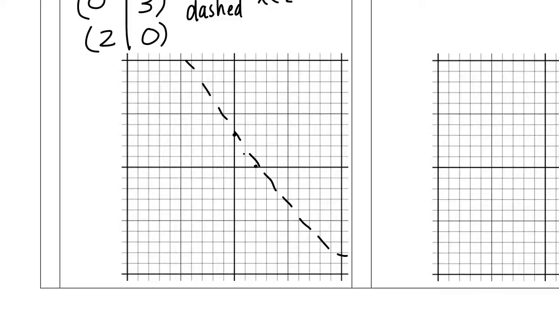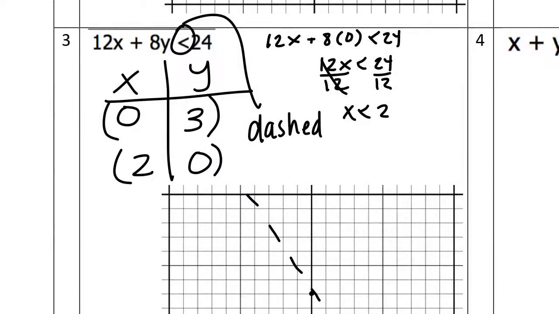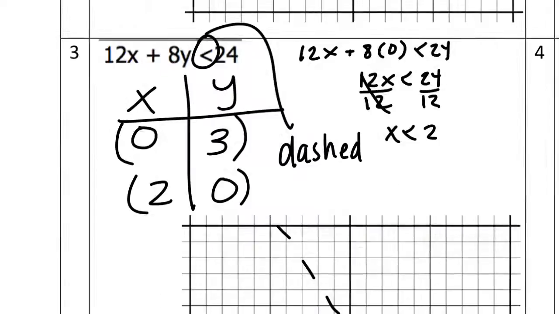Now the last thing I need to do is to check a point. Yesterday I told you we can check any point, but just for ease, I'm going to check the point 0, 0. So I'm going to plug in 0 for x and 0 for y and see whether or not it makes my inequality true. My original inequality was 12x plus 8y less than 24.